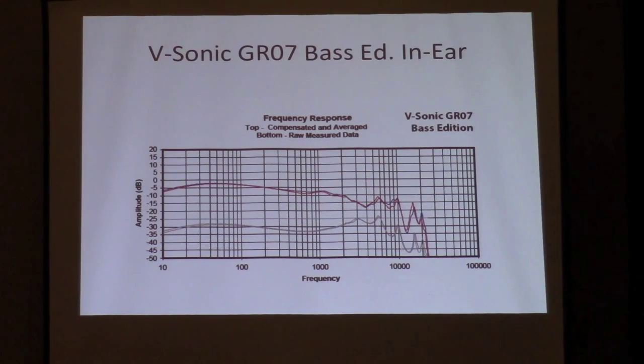So they use the resonance of the driver in in-ear headphones to make the hump. So that hump at 3K is done. That hump right there is mostly done by the fact that that's where the driver resonance is in that headphone.